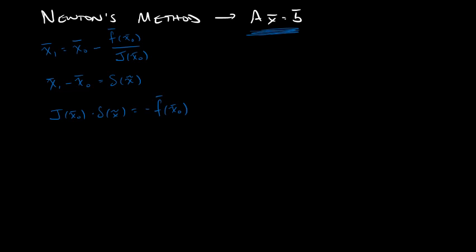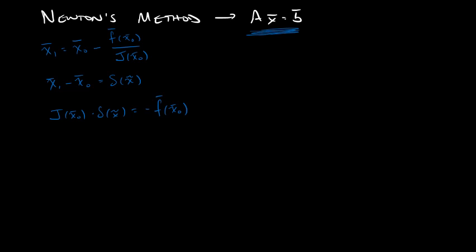And this is nice because this is a matrix like A, this is a vector like x might be, and this is also a vector like b might be. And this is definitely something that we can solve. We can do reduced row echelon form, or an LU factorization, or all the different ways that we have to solve this problem. I think the next best step might be to try an example and see how this process would work.